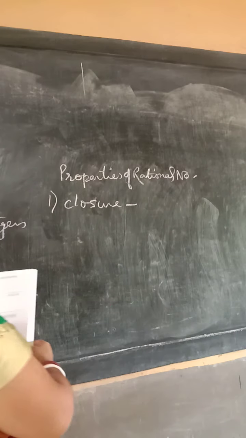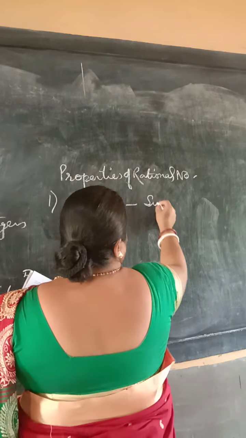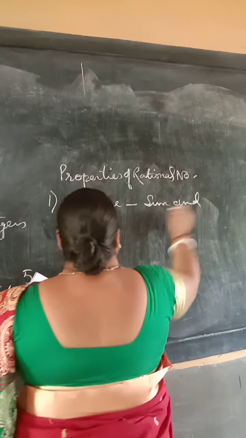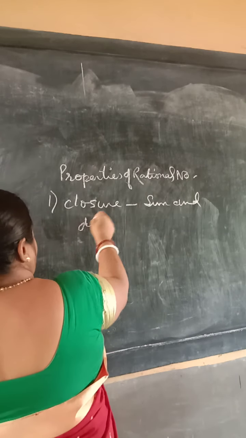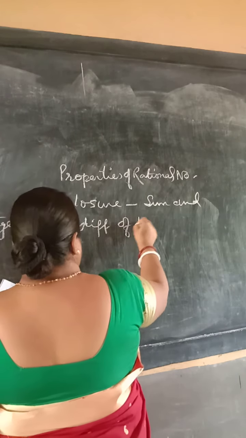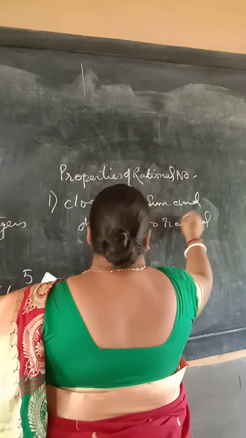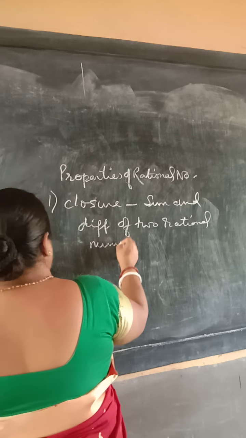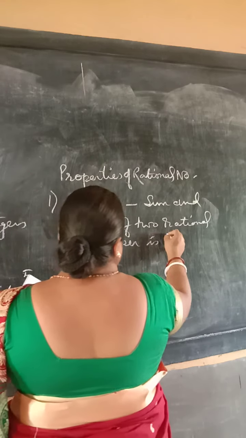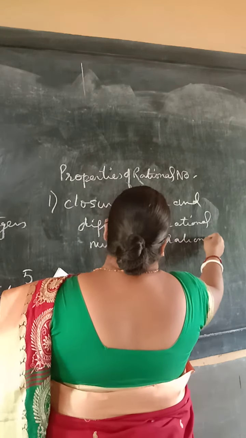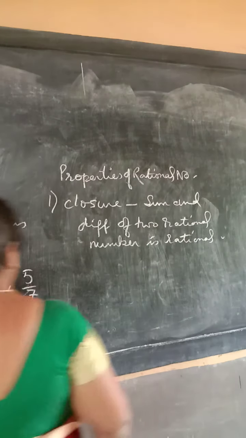When we add, the sum and difference of two rational numbers is rational. This is the meaning of the closure property. Already you have learned in class.